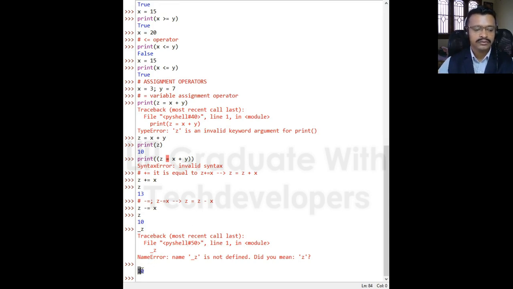I'm sorry, yes, we should use only underscore. So here you can see 10 is the previous value of z, means the last value used in our interpreter.